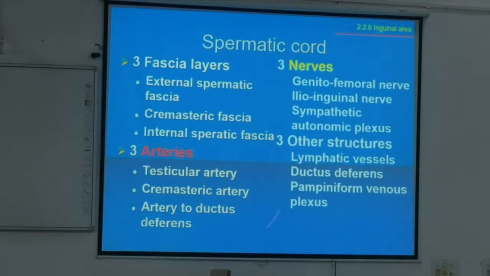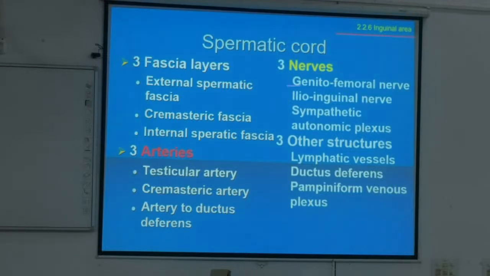these are the contents of the spermatic cord. That is very important. Three fascia layers: external spermatic fascia, cremasteric fascia, internal spermatic fascia. Three arteries are present: testicular artery, cremasteric artery, artery to the ductus deferens or artery to vas. Okay.